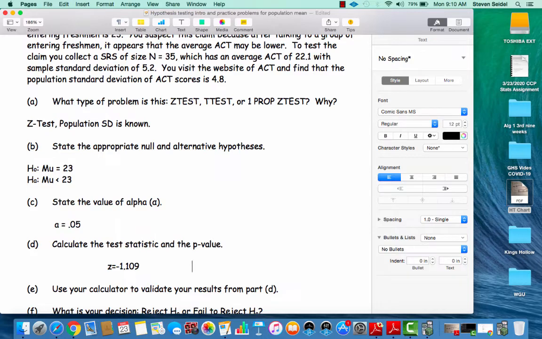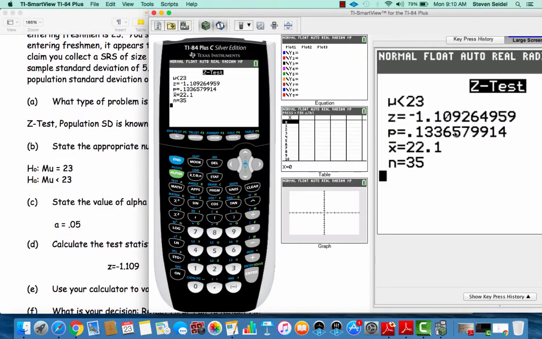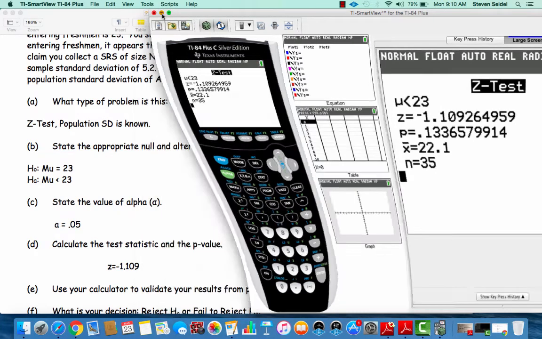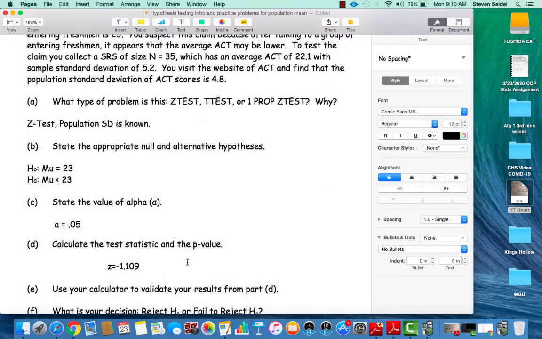And then our p-value is 0.13365. So our p-value is equal to 0.13365.